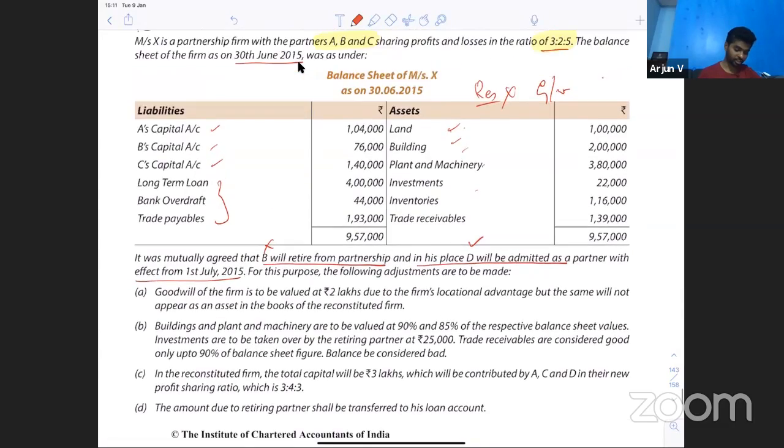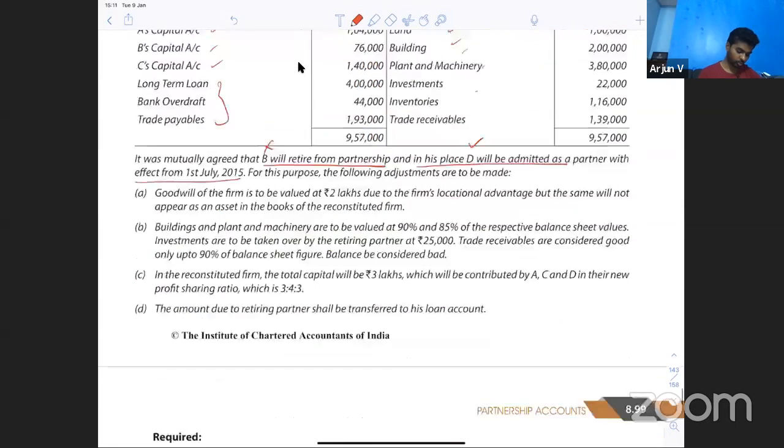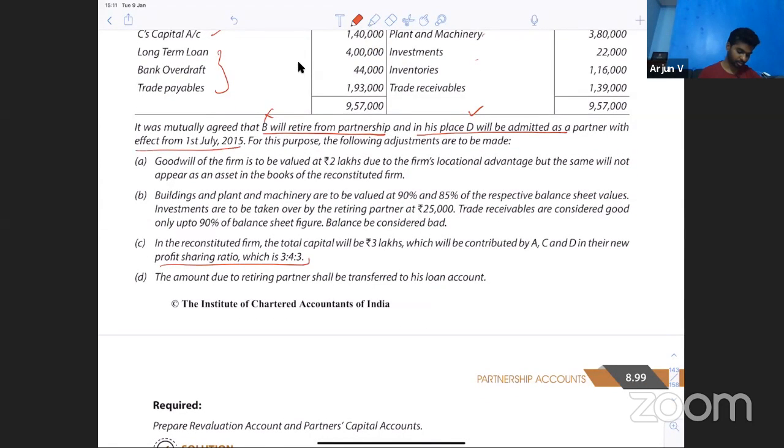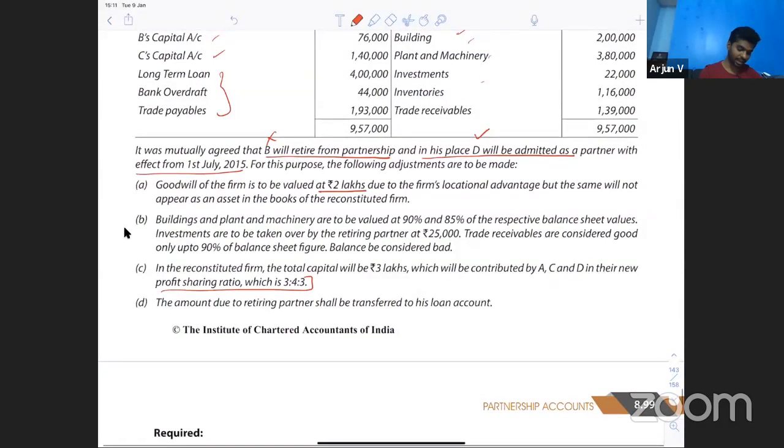The old profit sharing ratio was 3:2:5. The new profit sharing ratio is 3:4:3. Goodwill in the firm is to be valued at 2 lakhs due to the firm's local advantage, and the same will not appear as an asset. Whether they give it or not, I don't care. Anyway, I would have written it off. Clear?